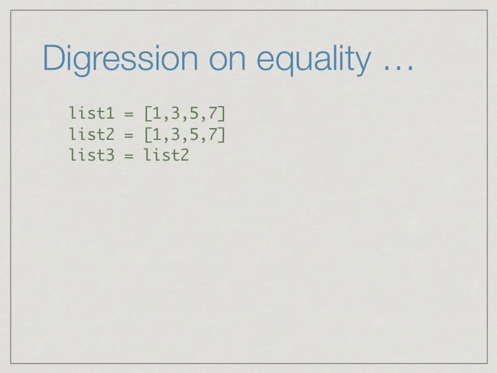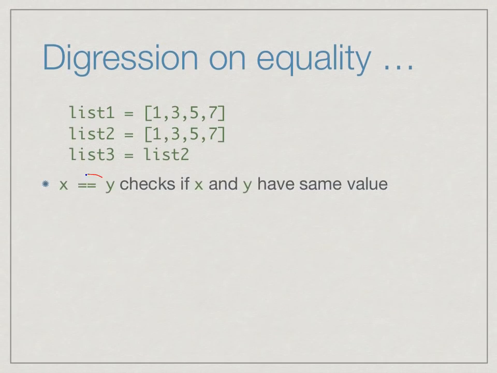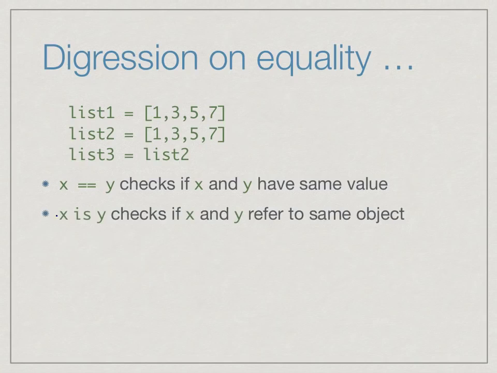So Python has, as we saw, this operation ==, which is the equivalent of the mathematical equality, which checks if x and y as names have the same value. So this will capture the fact that list1 is equal to list2, even though they are two different lists, they happen to have the same value. So to look at the second type of equality, that list3 and list2 are actually the same physical list in the memory, we have another keyword in Python called is.